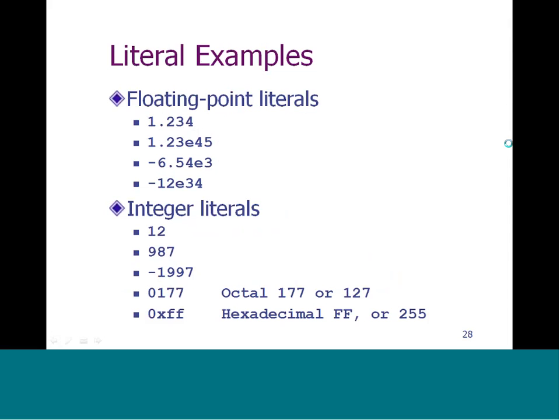Some examples are 1.234, 1.23 e to the power 45, minus 6.5, minus 6.54 e to the power 3, or minus 12 e to the power 34. These are all floating point literals. The integers are what is shown here. FF could be an integer. Octal 177 is actually an integer with value 127. Hexadecimal FF is the same as 255.